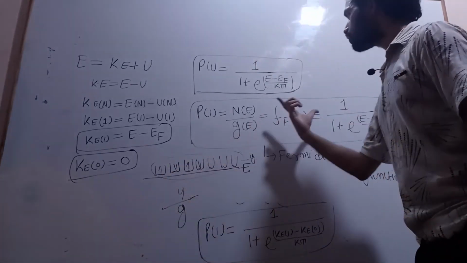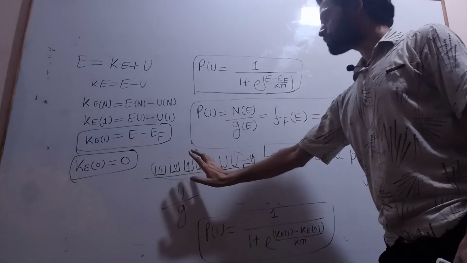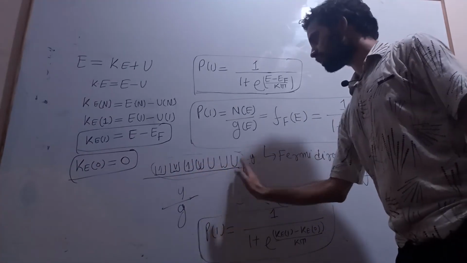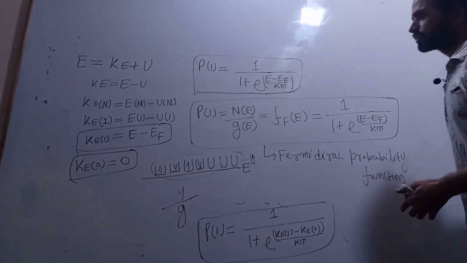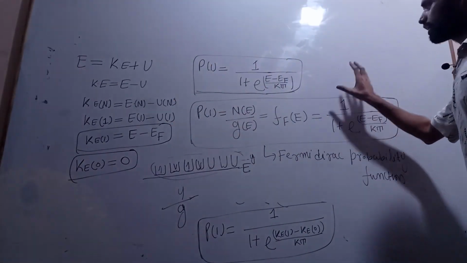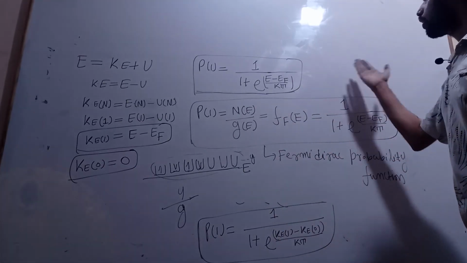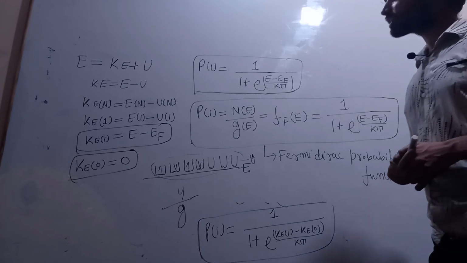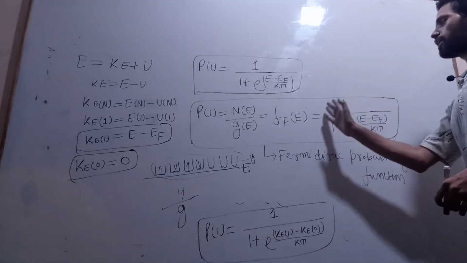For that, we found the probability that this given quantum state is occupied, and that probability is equal to 100%. We also have a definition that a given quantum state is occupied by n particles, for which P of n is proportional to e to the power minus ε of n divided by kT.